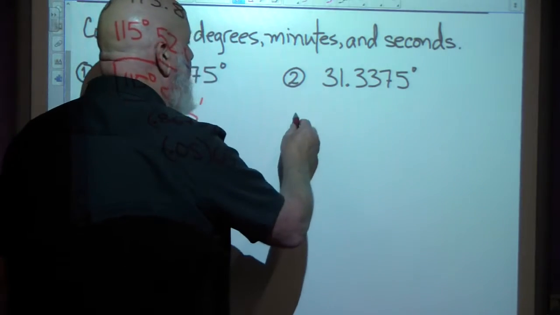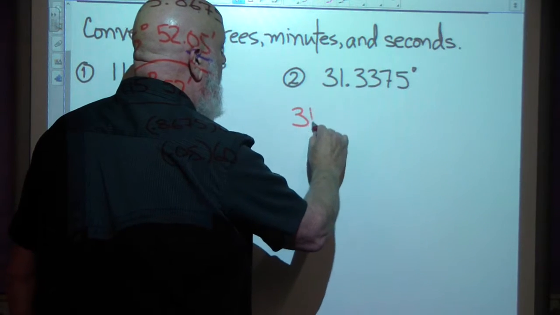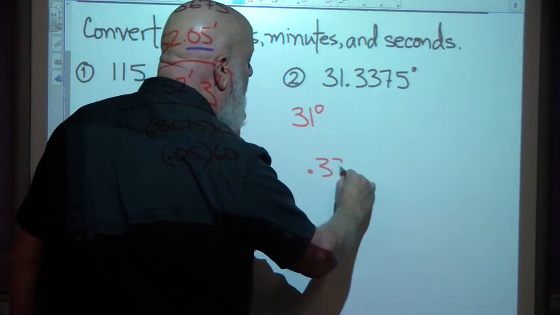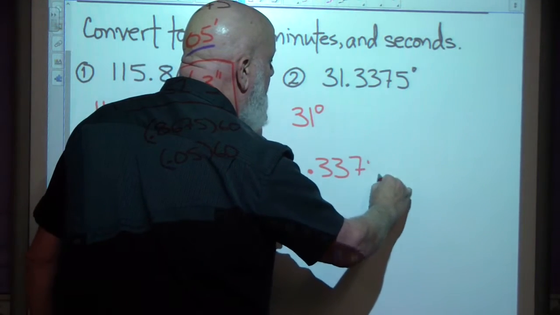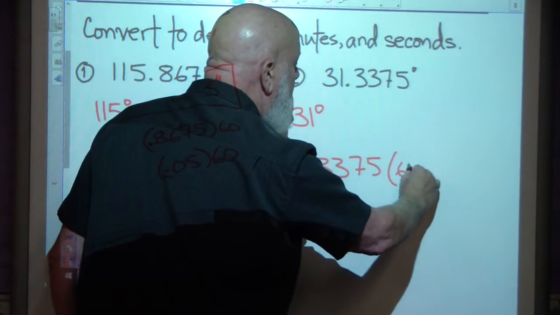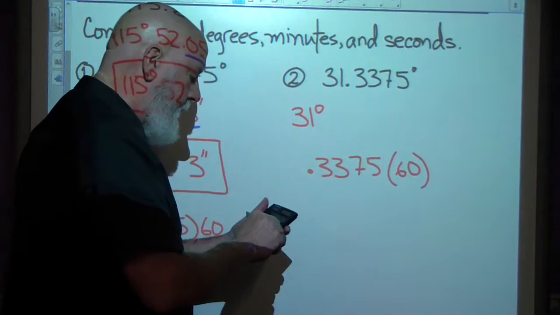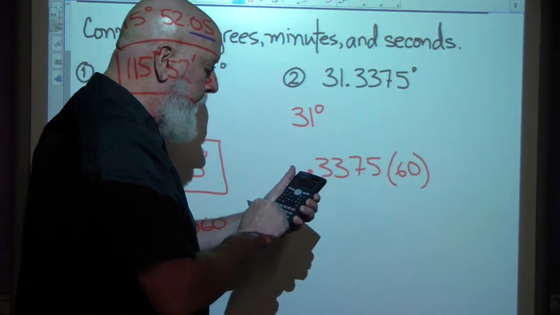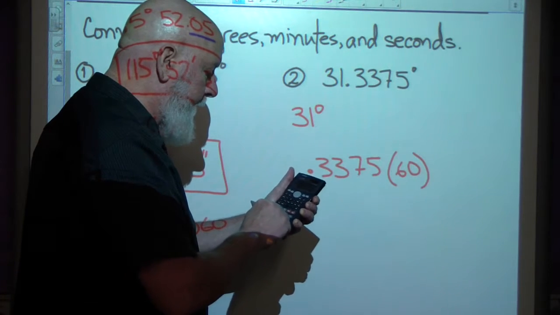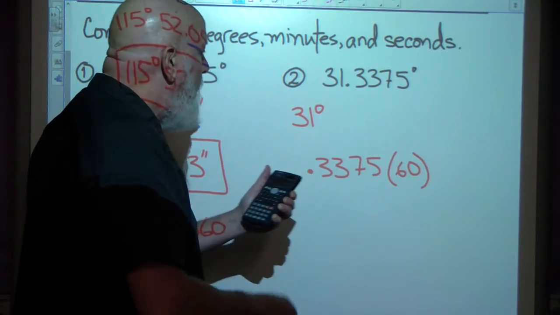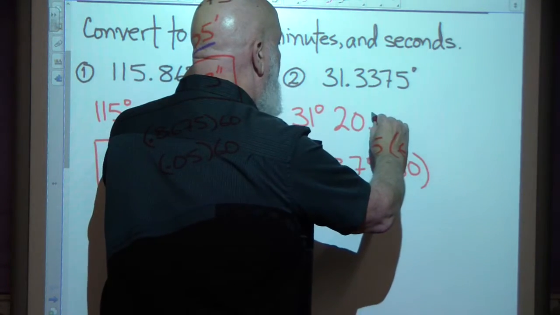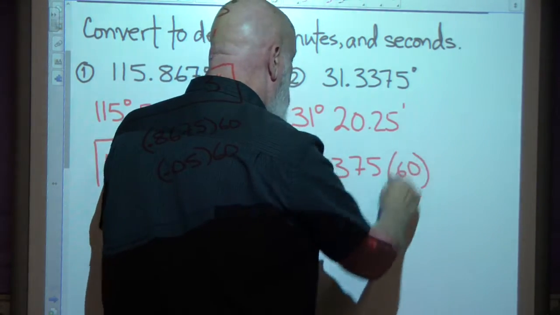I'm going to have 31 degrees. I'll take 0.3375 and multiply that by 60. 0.3375 times 60 equals, this will give me 20.25 minutes.